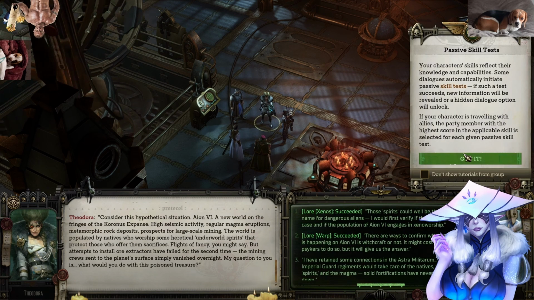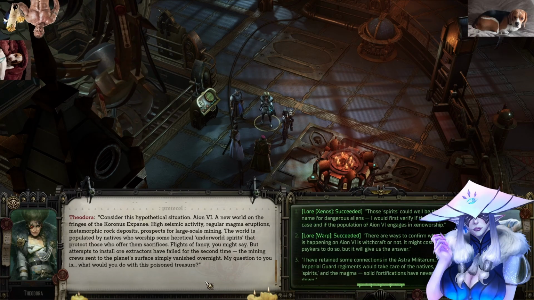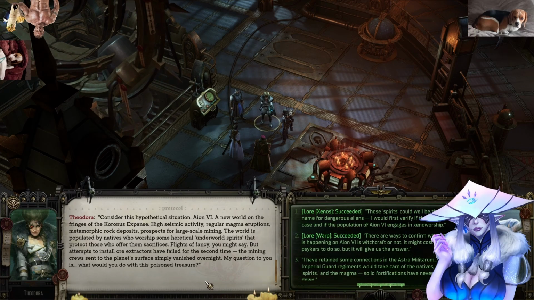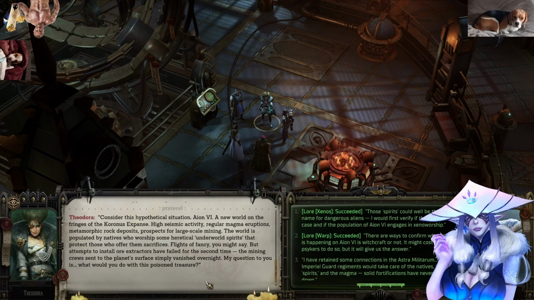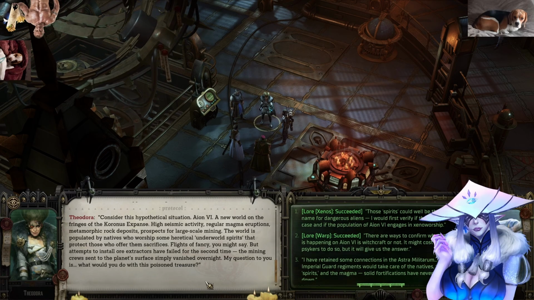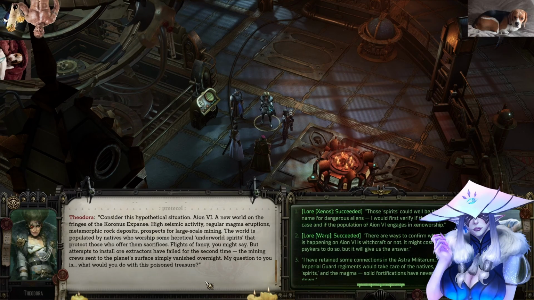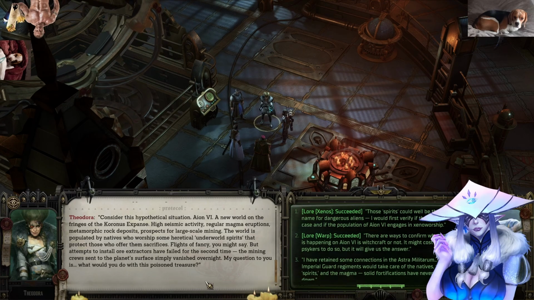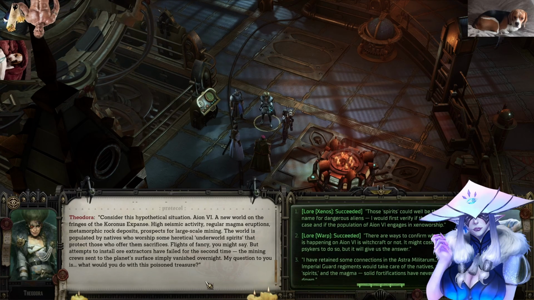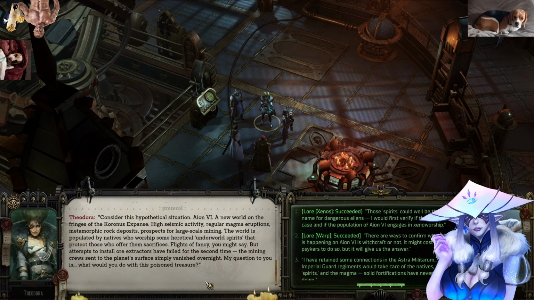Consider this hypothetical situation. Aeon 6. A new world on the fringes of the Coronis expanse. High seismic activity, regular magma eruptions, metamorphic rock deposits, prospects for large-scale mining. The world is populated by natives who worship some heretical underworld spirits that protect those who offer them sacrifices.